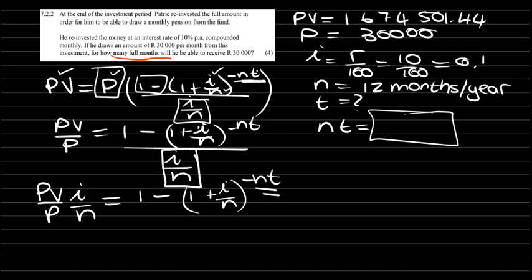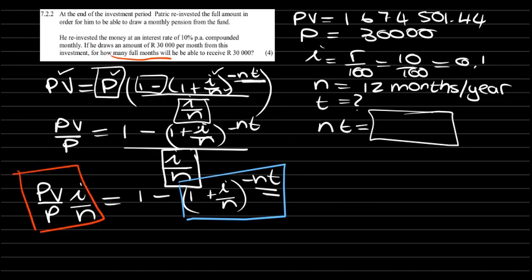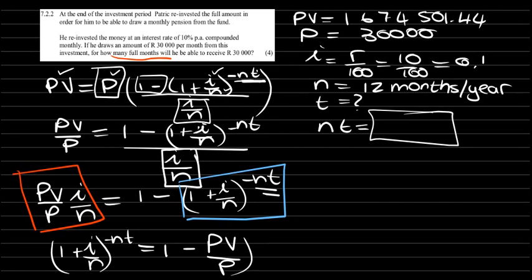So what we are going to do right now is add (1 plus I over N) to the power of minus NT, and subtract PV over P times I over N. That is what we're going to do right now, and what this gives us is (1 plus I over N) to the power of minus NT equals 1 minus PV over P times I over N.